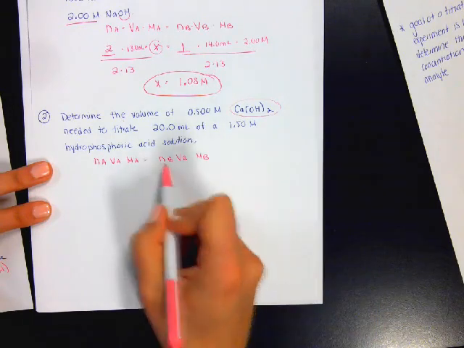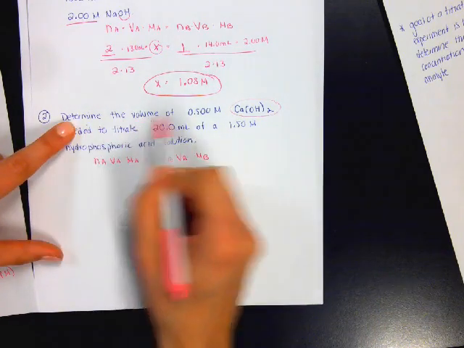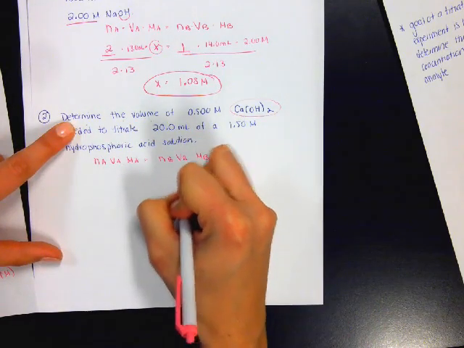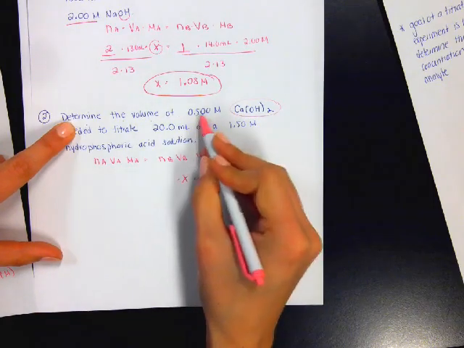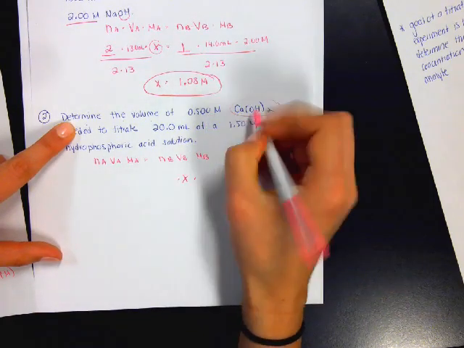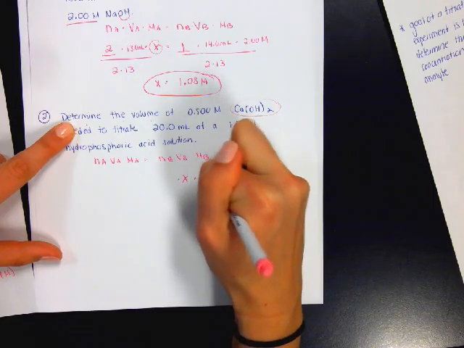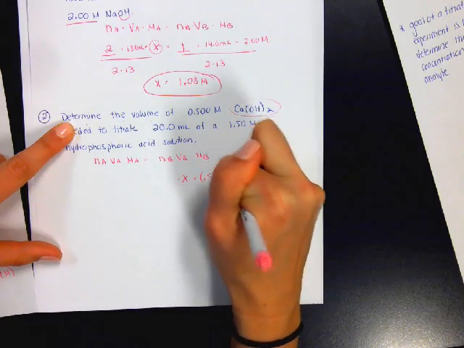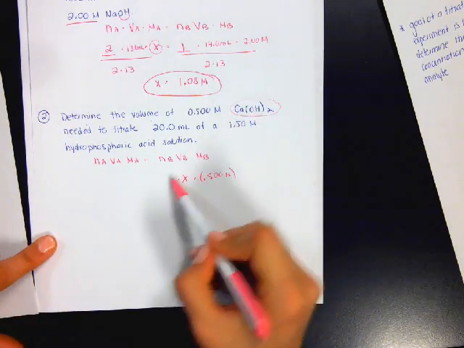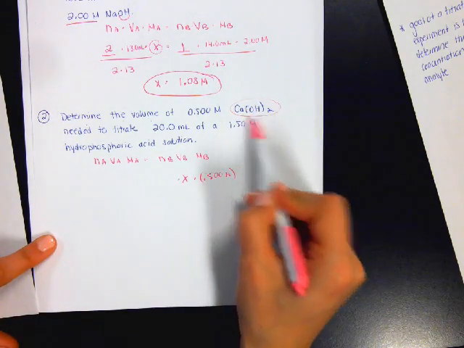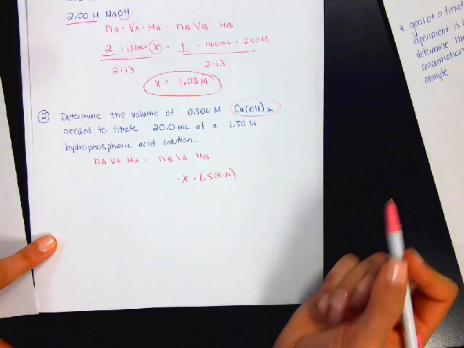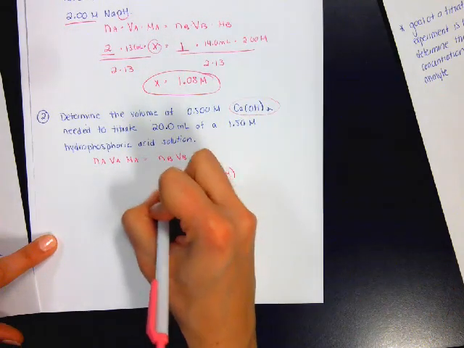So let's fill in our base side first. So it says determine the volume, so that's going to be my x, of a 0.500 molar, so that's the concentration of Ca(OH)2. Okay, and now if we were trying to figure out Nb, you look here and there are 2 hydroxides, part of Ca(OH)2, so that's a 2.